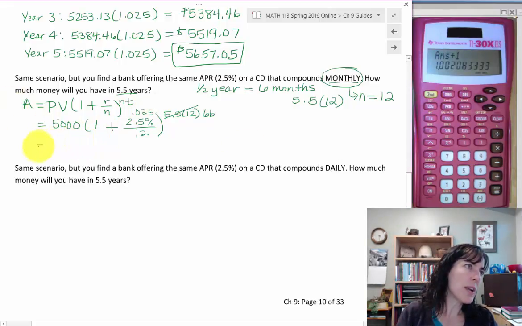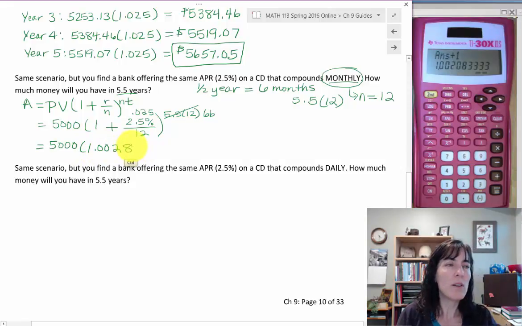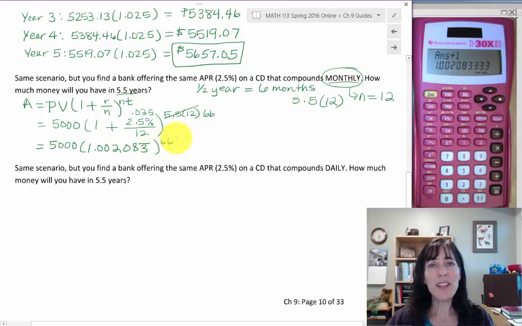So far, here's what I have. 5,000 times 1.0028083, and it looks like those threes repeat, to the 66th. At this point, you need to ask, what's the order of operations? Do I handle exponents next, or do I handle multiply next? It's really tempting to go ahead and multiply by 5,000, but it's not correct. We do need to do the exponents next.